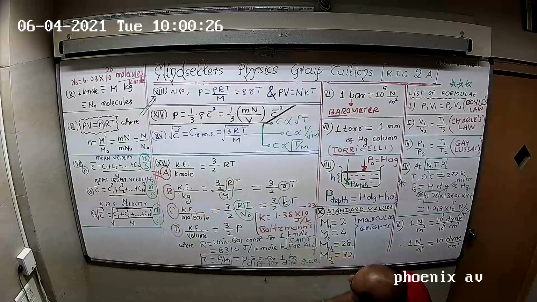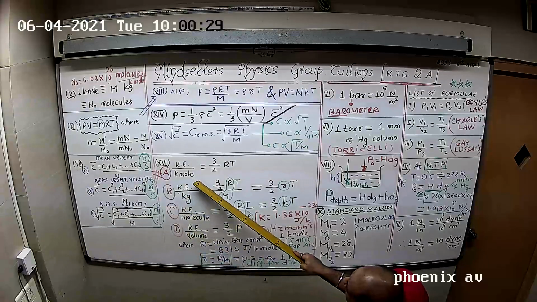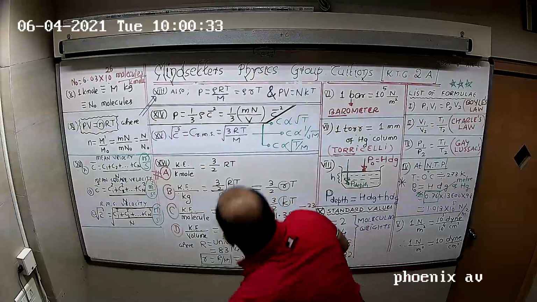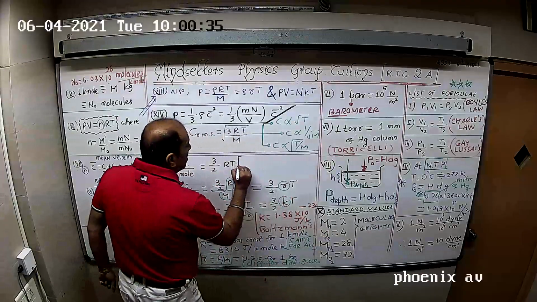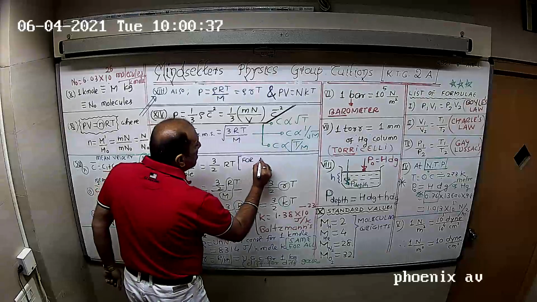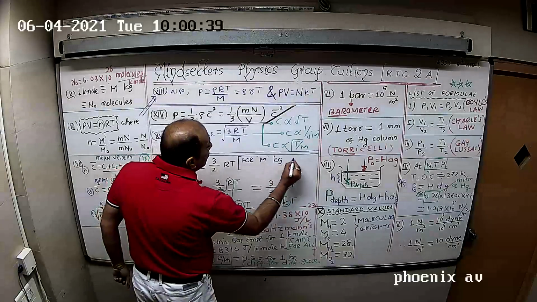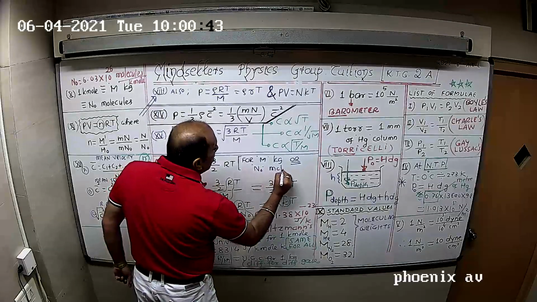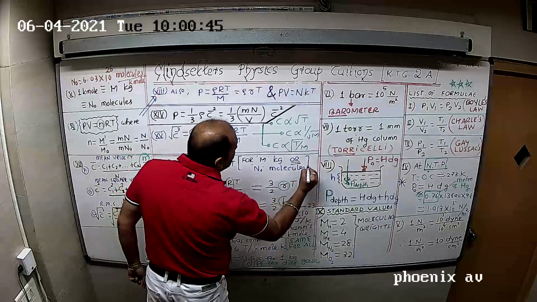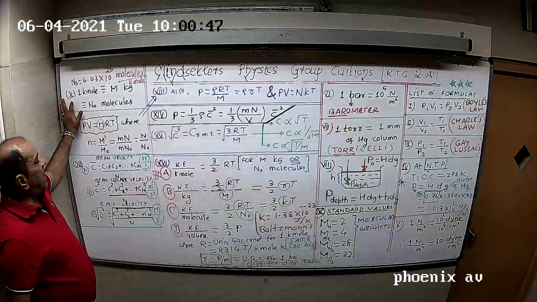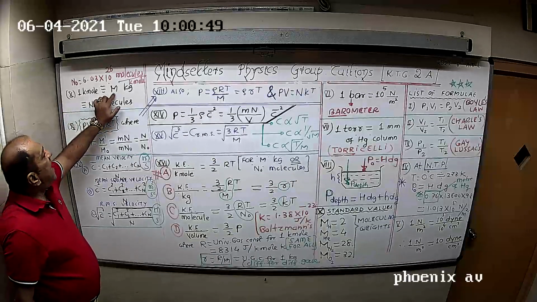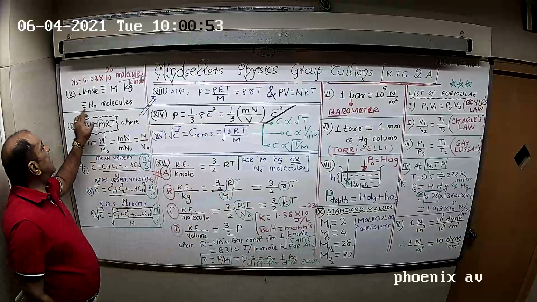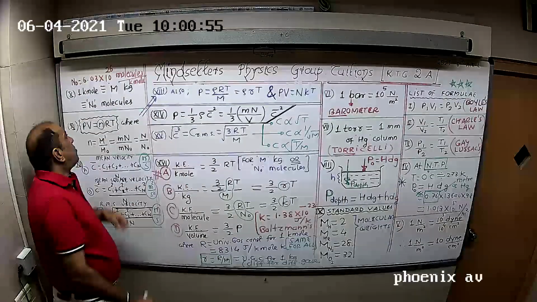Now, if this is the kinetic energy for 1 kilomole of a gas, then indirectly you can say this is the kinetic energy for M kilograms of a gas, or this is the kinetic energy for N0 molecules of a gas. Because from formula number 10 we know that 1 kilomole means M kilograms, M meaning molecular weight, mind you, and it also means N0 molecules, which is Avogadro's number.